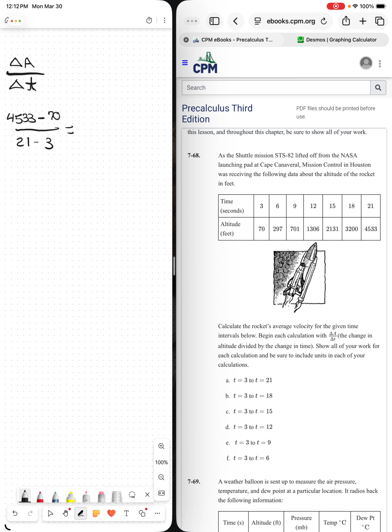So when we do this math, we're going to take 4533, subtract 70, right, so we should get 4463 over 18. And this is approximately like 13.7-ish, right?